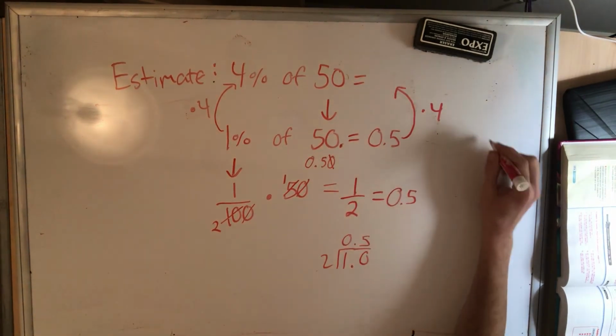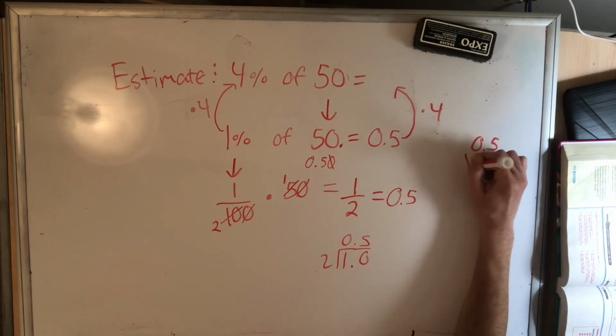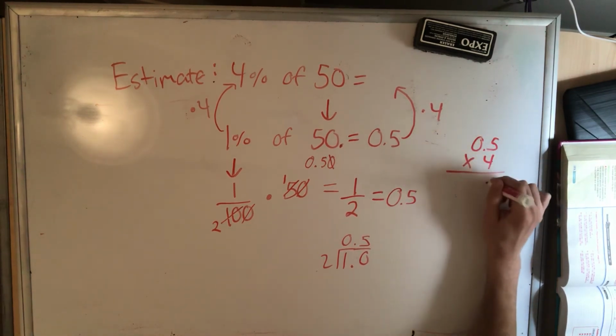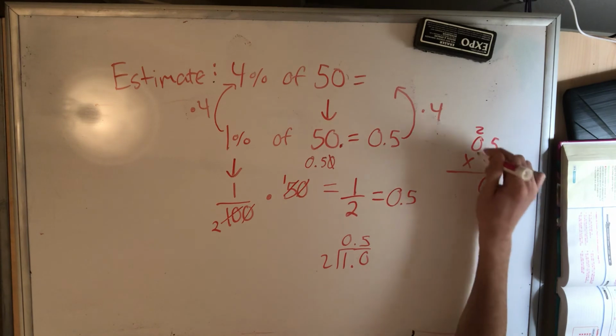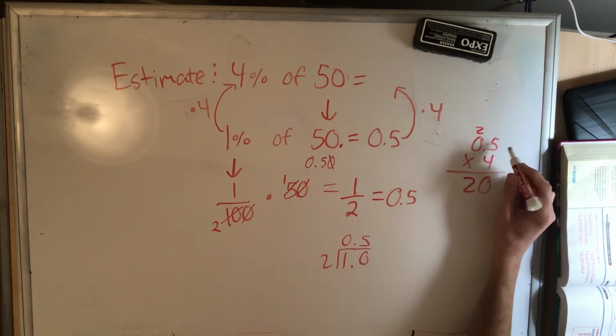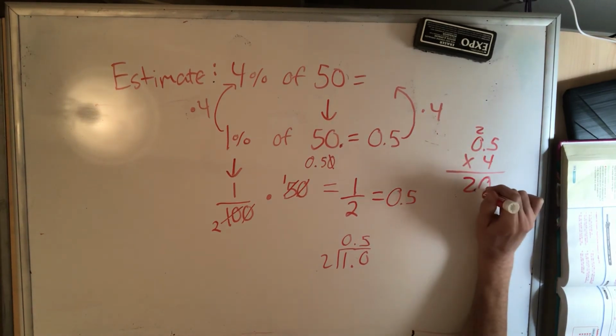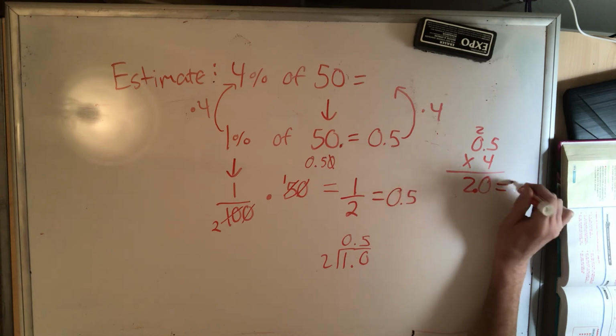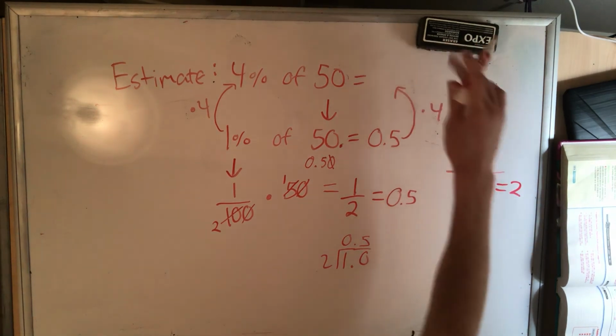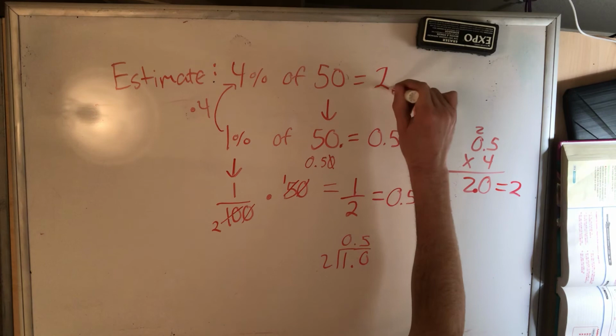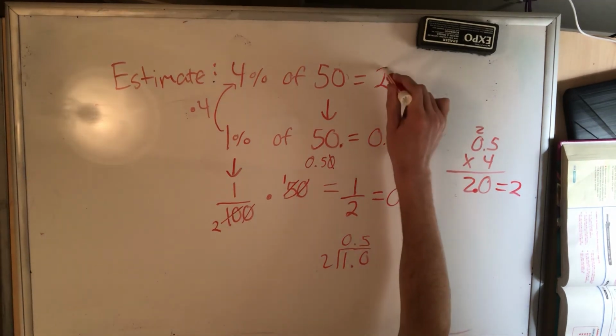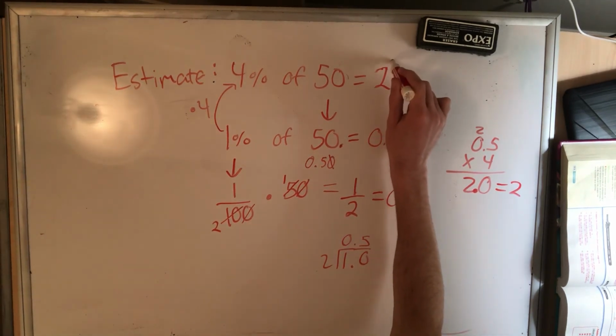And 0.5 times 4, 4 times 5 is 20, carry the 2, 4 times 0 is 0, plus 2 is 2. There's 1 decimal place total in the multiplication problem, so we need 1 decimal place in the answer. 2.0 is 2. So 4% of 50 is 2. So 4% of 48 is approximately 2.